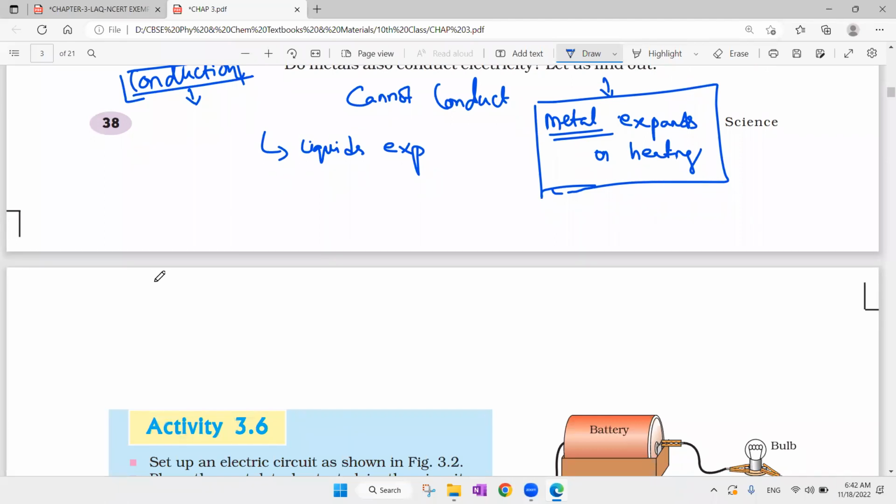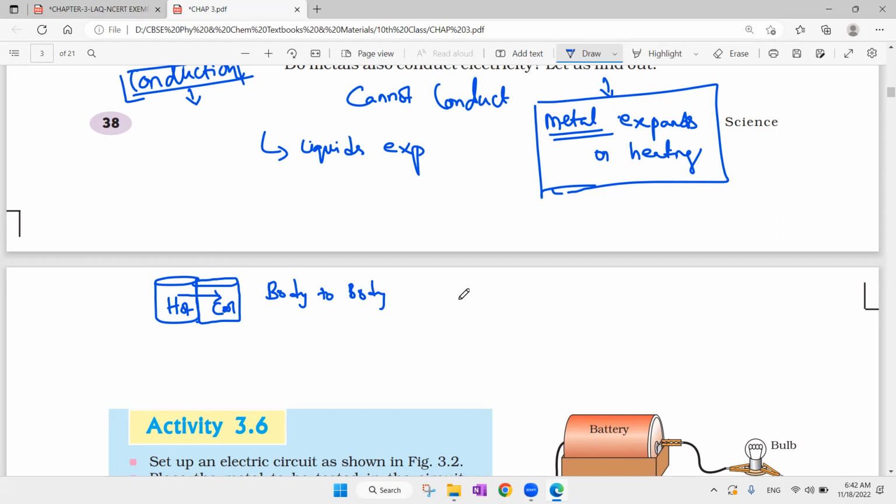If we take one object which is hot and another object which is cool, and you place these two objects very near to each other, sticking, then heat energy transfers from one body to another body.